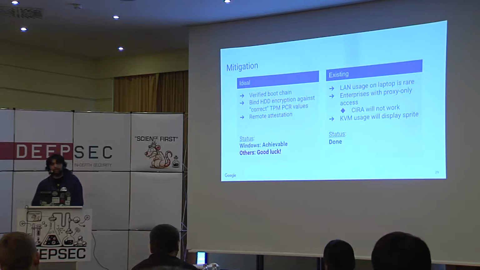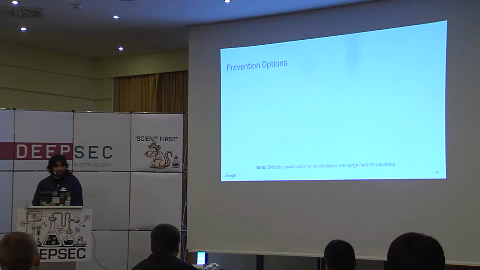If there's no way from within your enterprise to get out to the internet without going through a proxy, then CIRA will not work. It's designed not to work with proxies. And as mentioned before, KVM will display a sprite, so that's a detection mitigation, I guess.